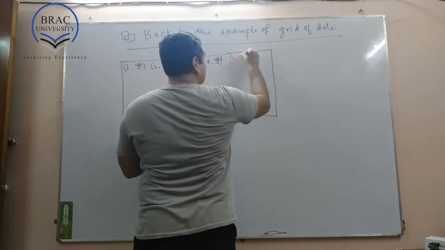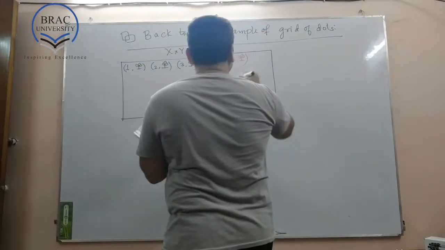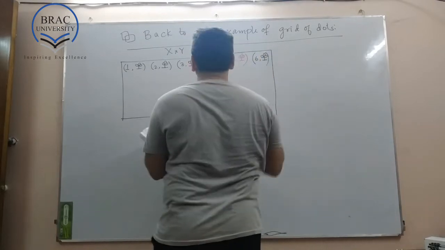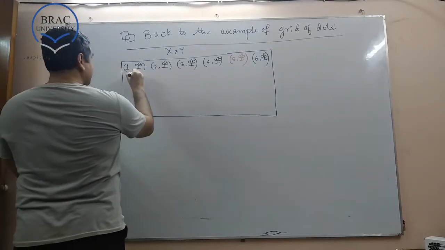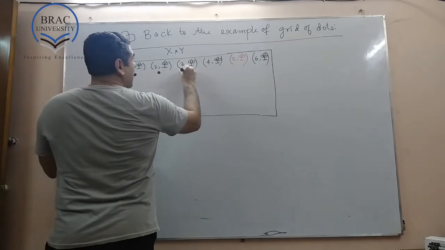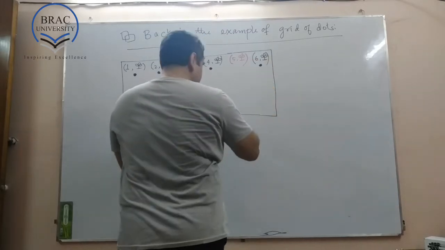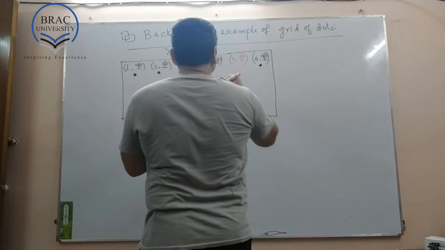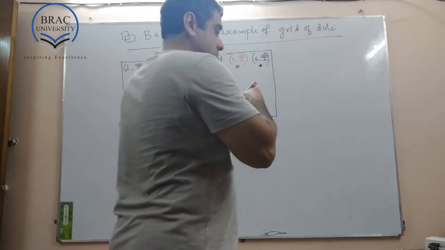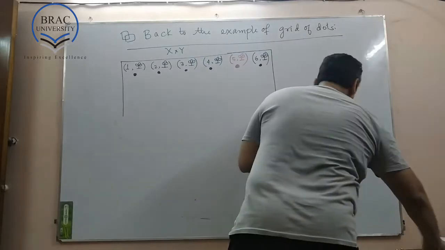And then again I have black color, 6, club. So I'm going to put dots here representing these ordered pairs. Black dots, all black dots. The fifth one is a red dot, and the sixth one is again a black dot.